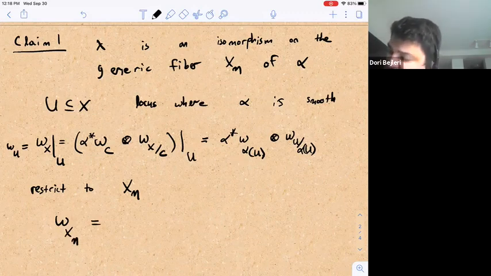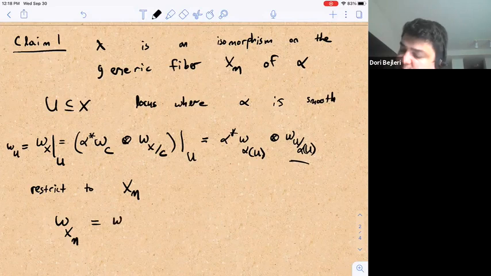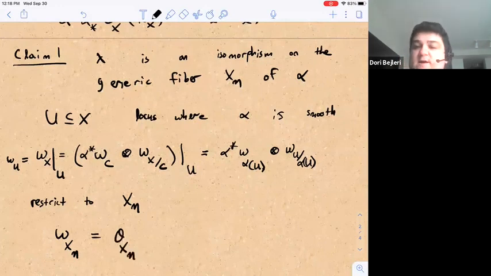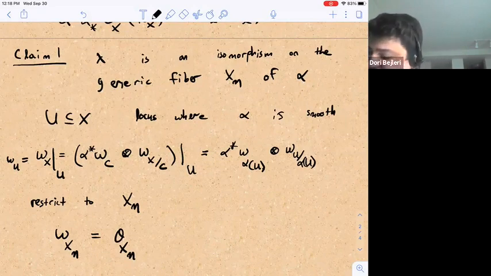And then this term, because it's on the smooth locus, so it's actually relative differentials, just becomes trivial because it's an elliptic curve. Because X_eta is genus 1, so the fiberwise differentials are trivial.